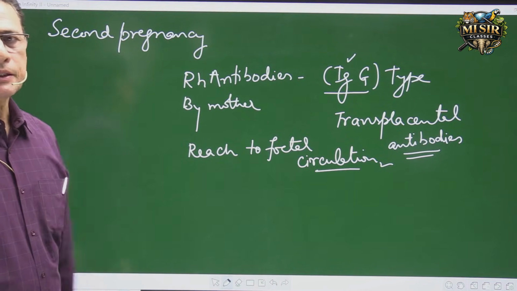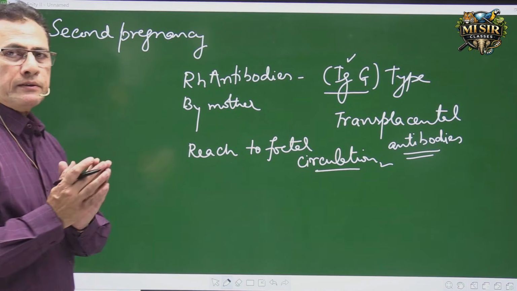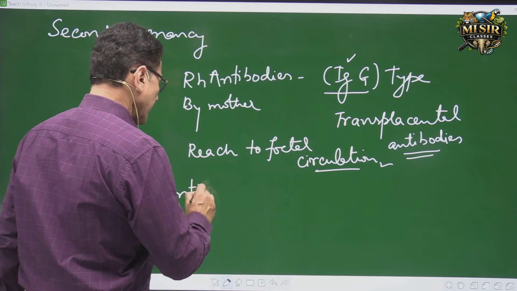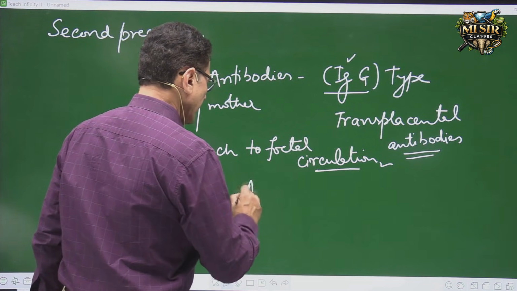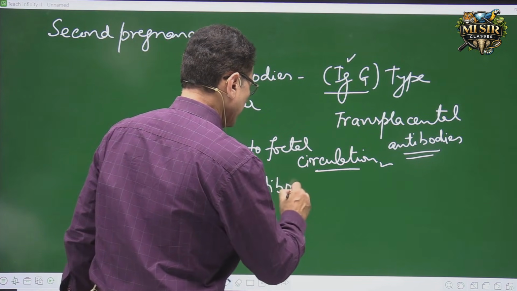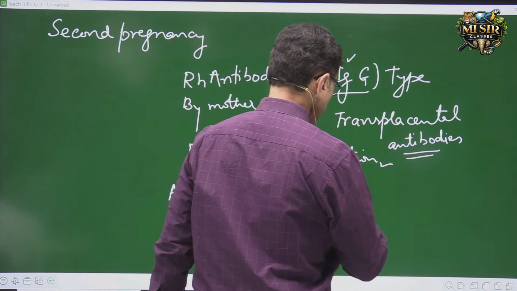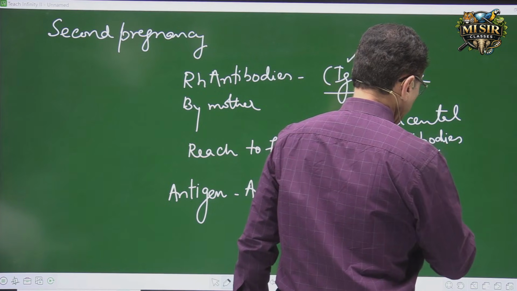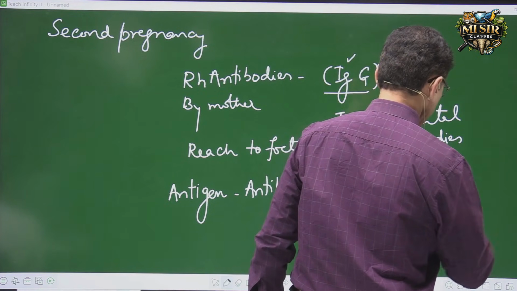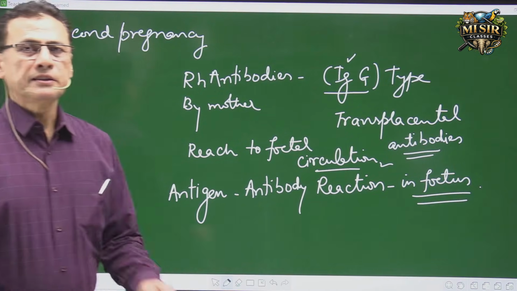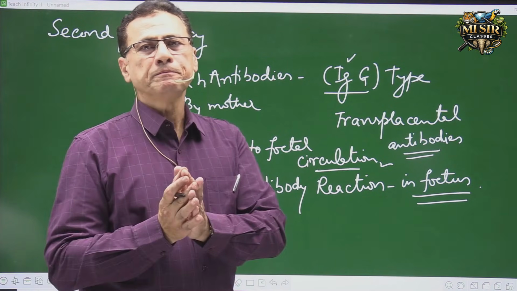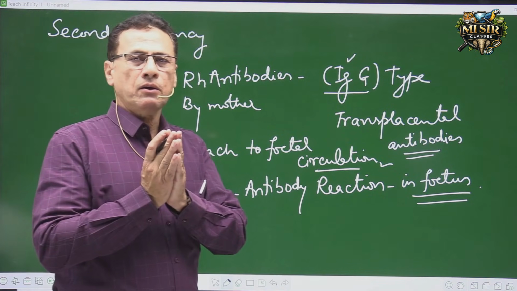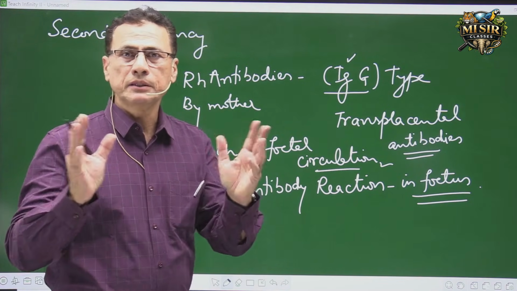Now the problem starts coming. What will happen? There will be antigen antibody reaction. This reaction will occur in fetal body, in fetal blood. There will be mass destruction of the fetal RBCs.